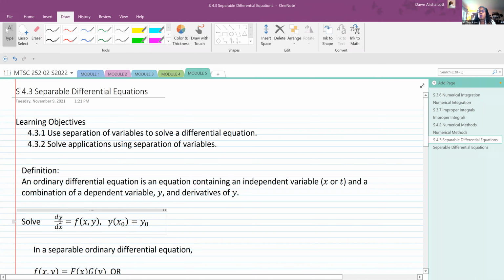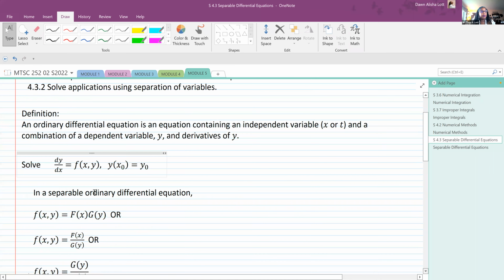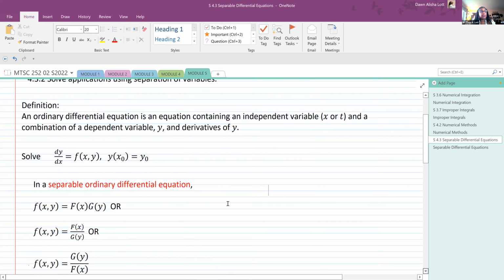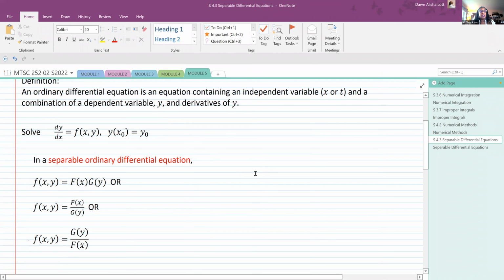We need to solve for y. And they may or may not give you an initial condition. If they do, you have to solve for all constants. Okay, so this technique that we're going to use, separable ordinary differential equation, we are able to split this function f of x,y into two distinct functions, one that only has x's and one that only has y's.